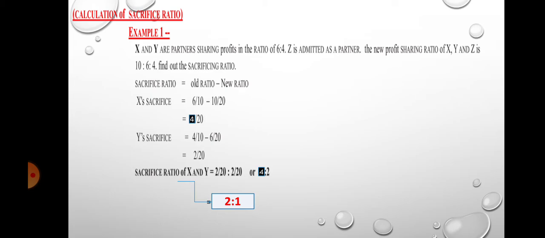Sacrifice ratio is equal to old ratio minus new ratio.